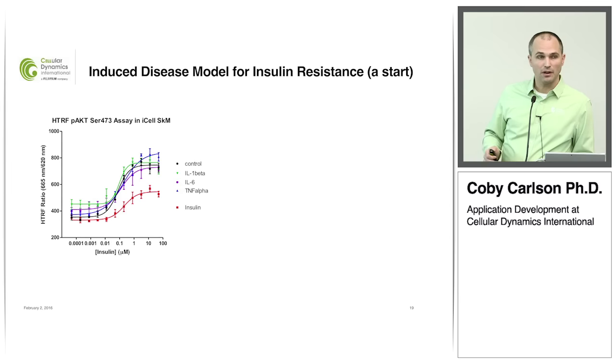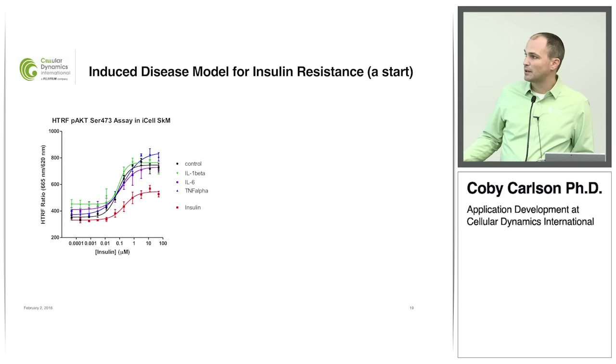So this wasn't really an optimized set of conditions, with maybe the perfect amount of IL-1 beta, or maybe a combination of the two, but just what each of them does on their own. This is showing how you can do this: you've got a cell-based assay, you've got a technology that can read out something that is a surrogate of glucose signaling at phospho-AKT, a high throughput, straightforward, easy assay to run.